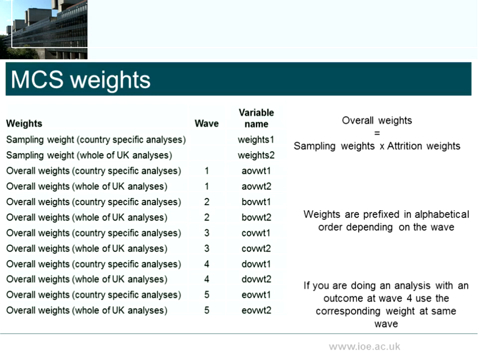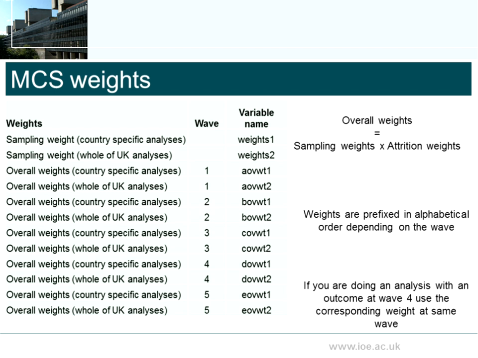So weight 1, weight 2 are the sampling weights, and all other weights are attrition weights corresponding to each wave. These are named so the first letter corresponds, so A for wave 1, B for wave 2, C for wave 3, and so on. And you'd have 2 weights in each wave.